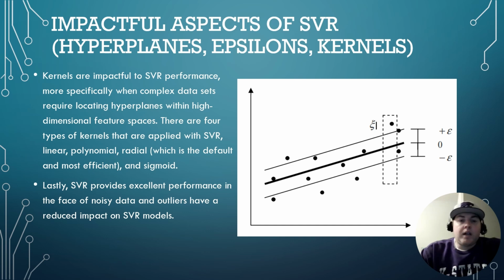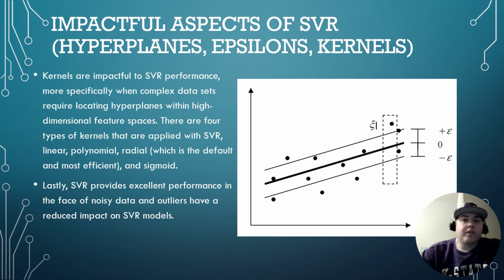So there are a few impactful aspects of support vector regression that we're going to touch on. One of them is kernels. Kernels are impactful to performance of support vector regression, more specifically when complex data sets require locating our hyperplane within a high dimensional feature space.